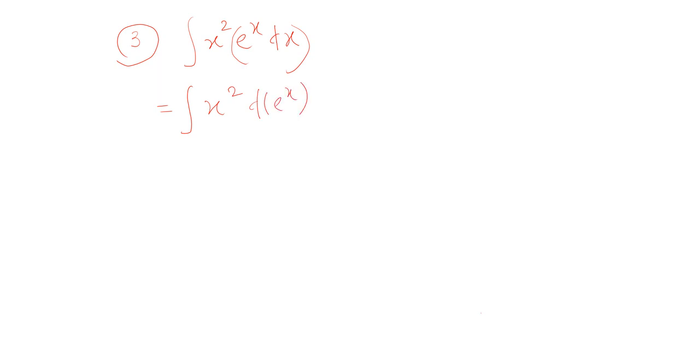If you want, you can write the reason: since d by dx of e power x is nothing but e power x, cross multiply dx, and I will get e power x dx as d of e power x. Now apply the formula of integration by parts.